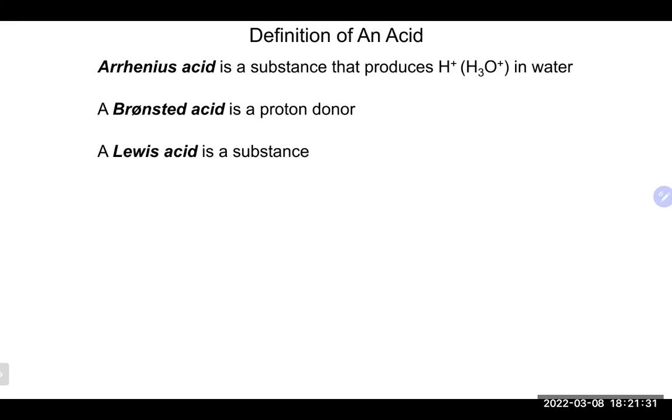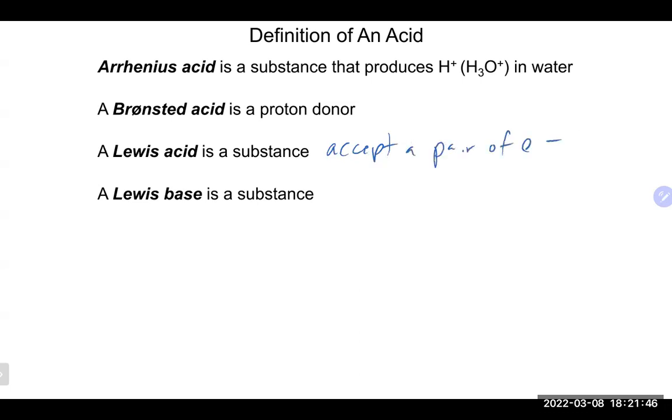So Lewis's definition involves electrons. A Lewis acid is a substance that will accept a pair of electrons, while a Lewis base will be one that will donate a pair of electrons.